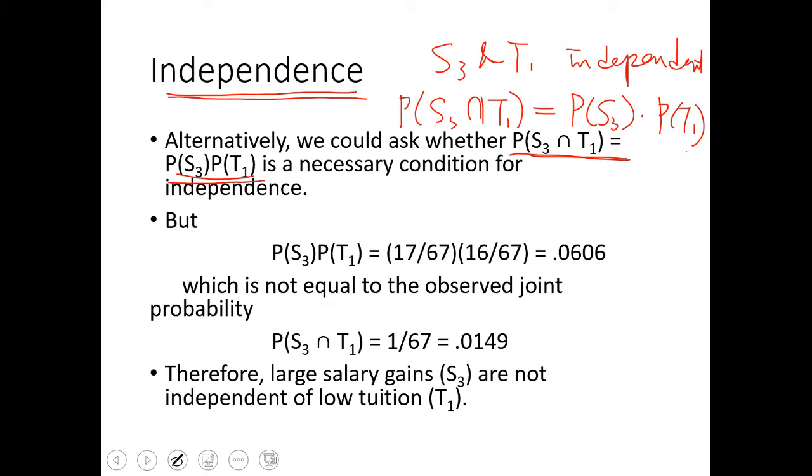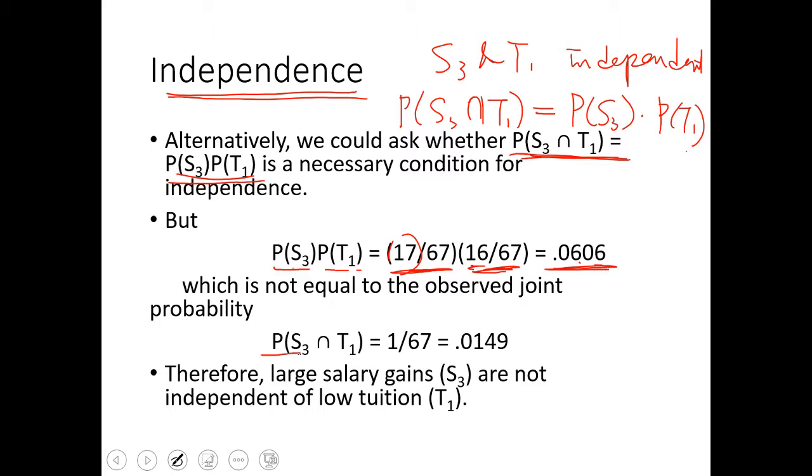So let's check this property again. S3 times T1 is 17 over 67 times 16 over 67, and we have 0.0606.